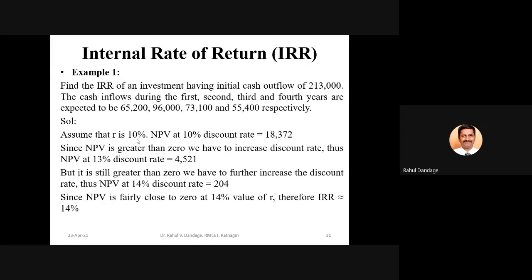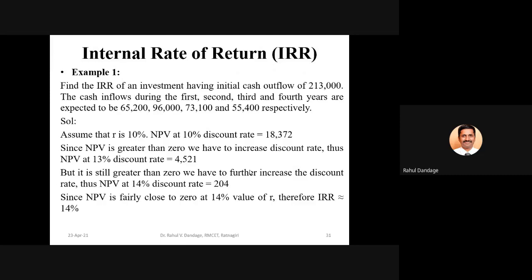If this is 0.1, the present values of the cash flows will be 65,200 divided by 1.1 bracket raised to 1, plus 96,000 divided by 1.1 bracket square, plus 73,100 divided by 1.1 bracket cube, plus 55,400 divided by 1.1 bracket raised to 4. This is the present value of all the 4 cash flows. From this, we have to subtract the initial investment, that is minus 2,13,000.